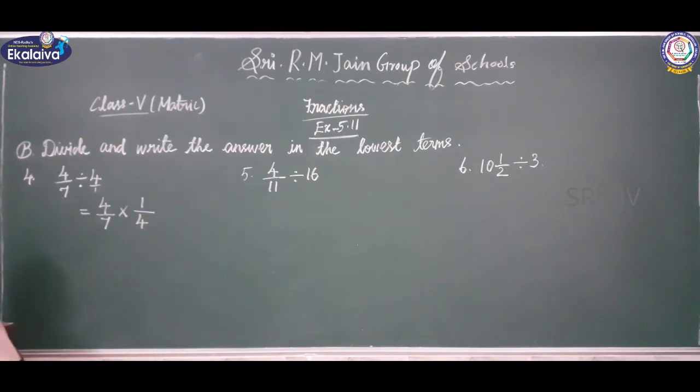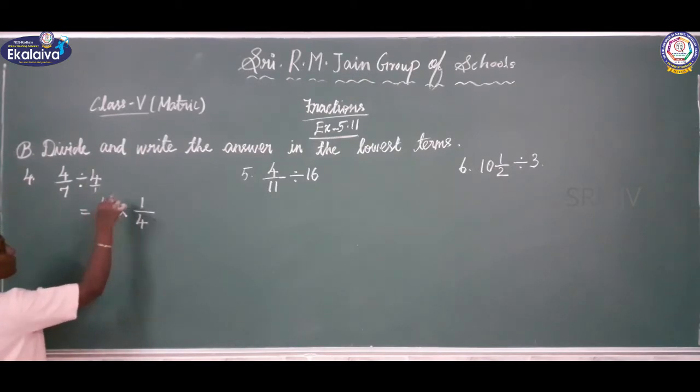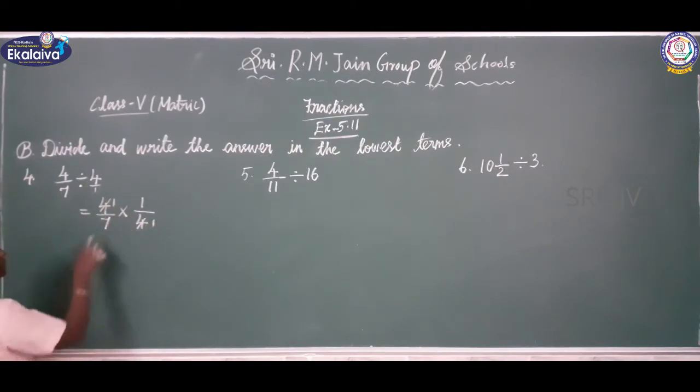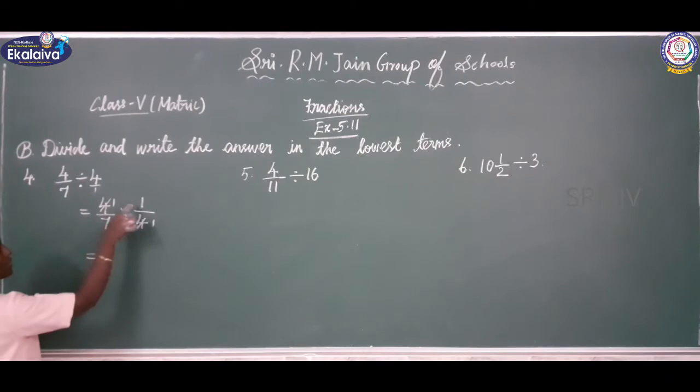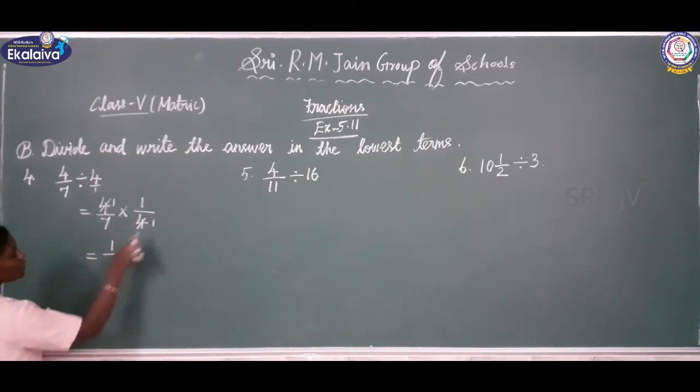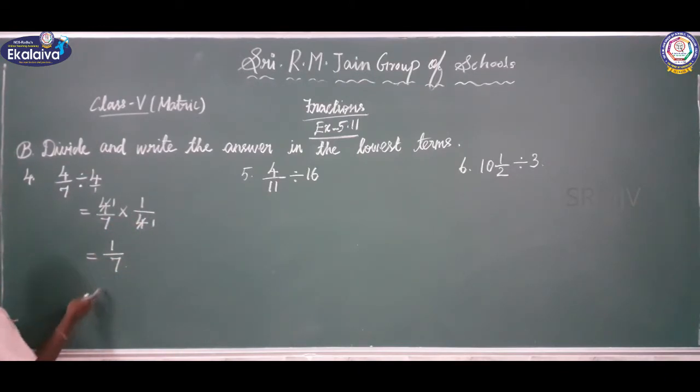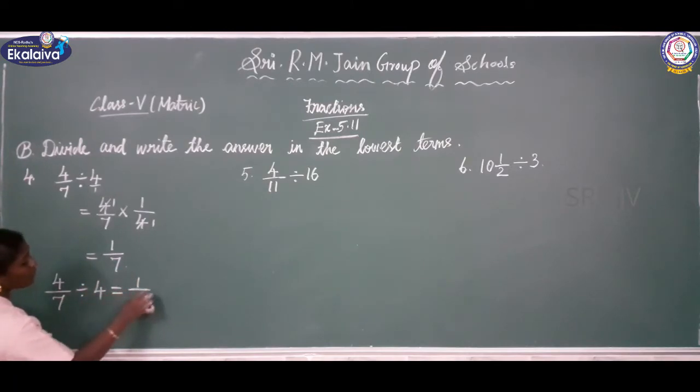Now we have to reduce. Here 4 table 1 time, 4 1 times. In numerator we are having 1 into 1, in denominator 7 into 1. So 1 into 1 is 1, 7 into 1 is 7. Here 1 by 7 is a proper fraction. So the answer is 4 by 7 divided by 4 is equal to 1 by 7. Is it clear?